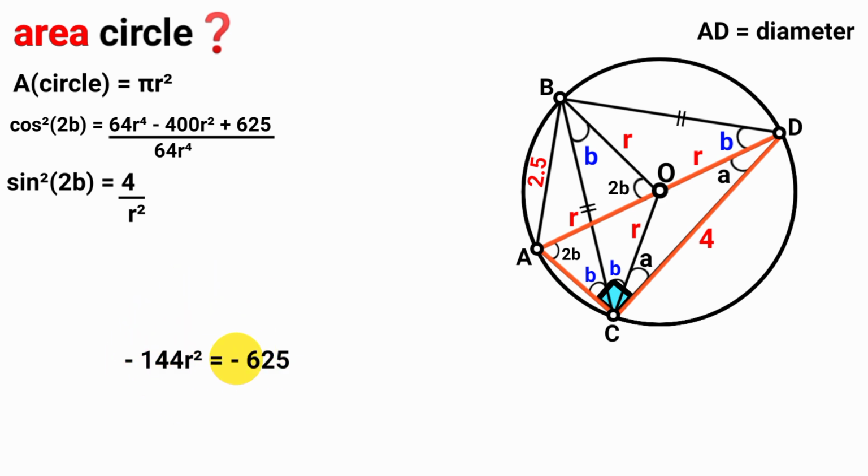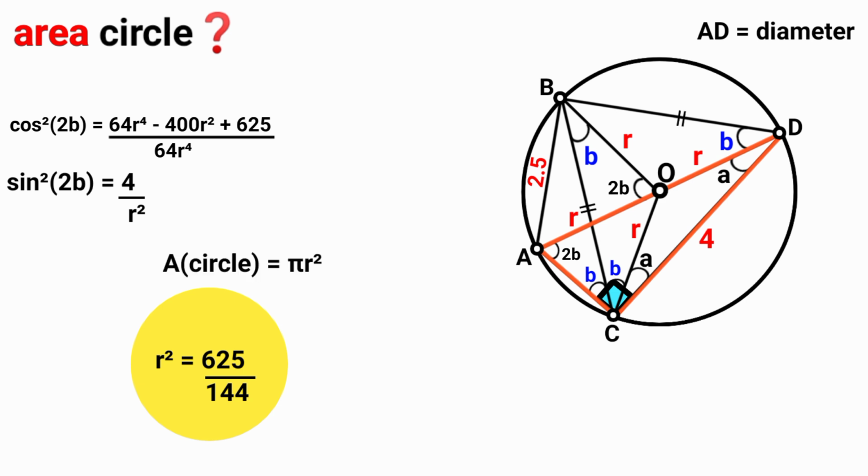This minus cancels this minus. So 144r squared equal to 625. Divide through by 144. Here 144 cancels 144. So r squared equal to 625 over 144.